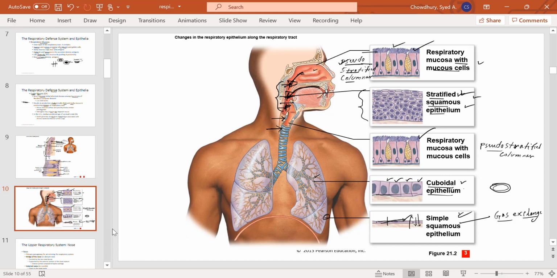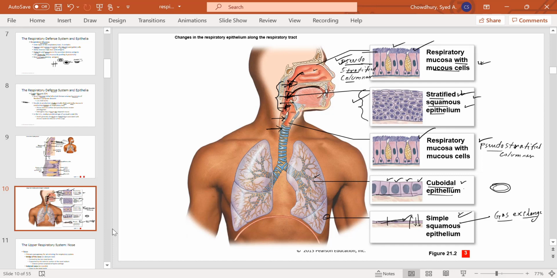So you see in your respiratory tract you have different types of epithelial lining in different parts. Again, in the upper respiratory tract you have pseudostratified columnar where the air passes, and where the food also passes, that is stratified squamous.